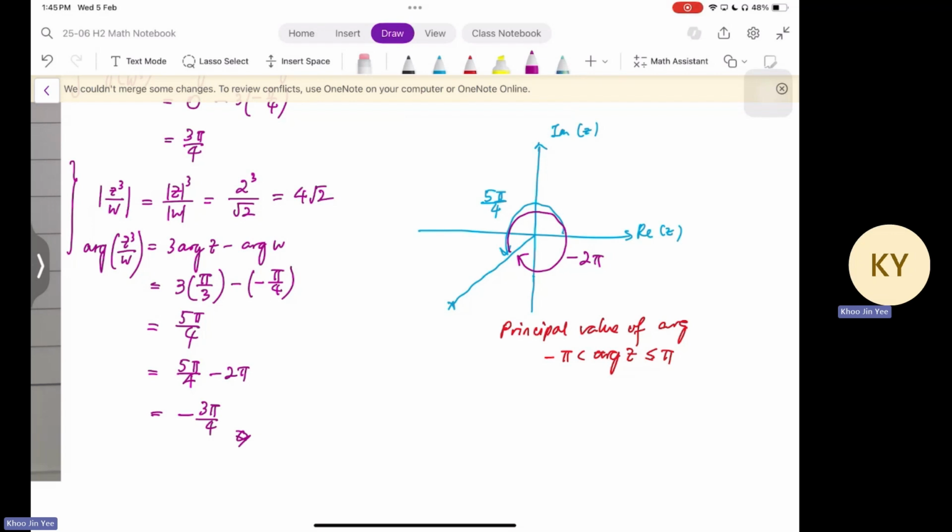Now, one more thing to take note of when you're doing trigo questions: this angle and this angle are not the same. Both of those two angles are not the same when you're doing trigo. However, because we are looking for the argument of a complex number, in this question I can write this equals to this equals to this, because these three are equivalent.